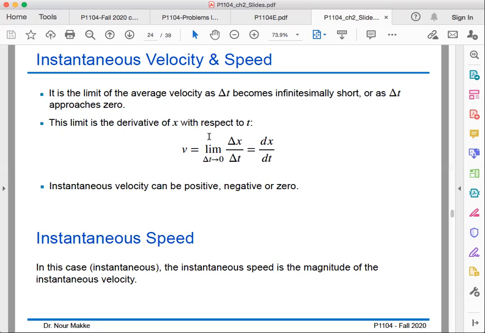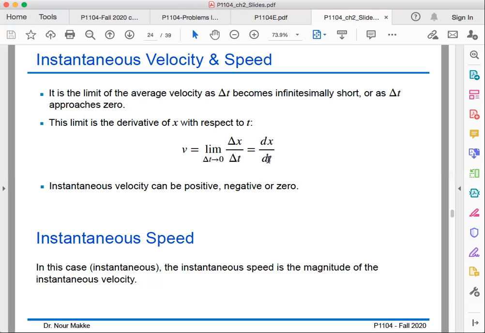And by definition, the limit of delta x over delta t when delta t goes to 0 is nothing else than the first derivative of the position x with respect to time. So this is why the instantaneous velocity is the limit of the average velocity as delta t becomes infinitesimally short, or as delta t approaches 0.